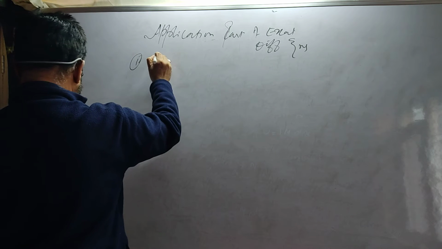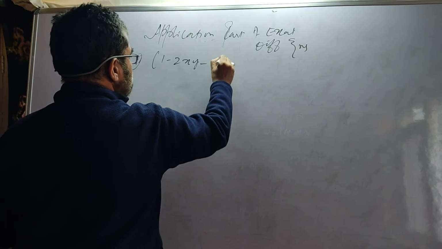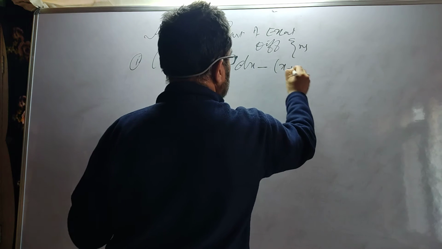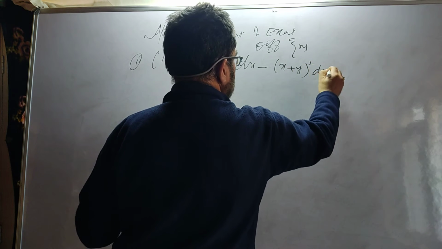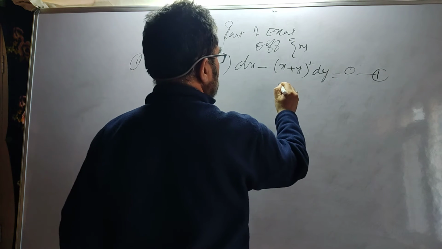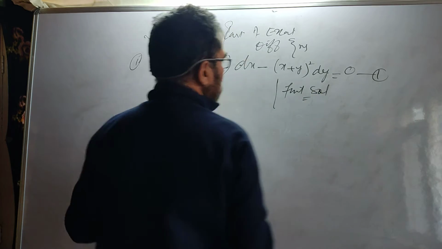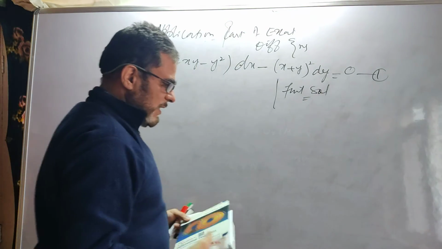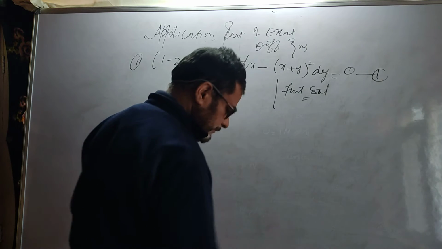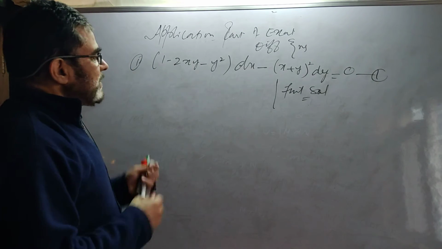Number 1: (1 minus 2xy minus y square) dx minus (x plus y) whole square dy is equal to 0. You have to find the solution. Because we are dealing with the exact part at this time, we will do it by the exact method.